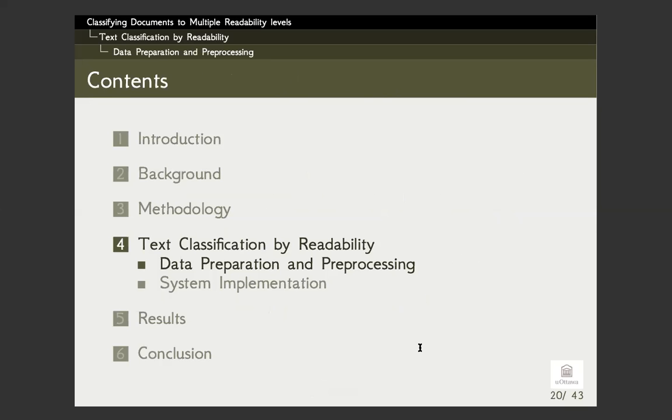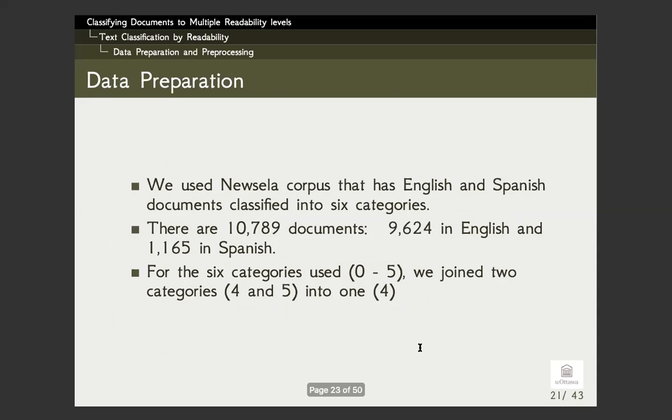For the data preparation, we used a new Newsela corpus that has English and Spanish documents classified into 6 categories initially. There are over 10,000 documents in this corpus, but we are only going to use the English documents, over 9,600 documents, since the number of Spanish documents is not big enough to train our model.